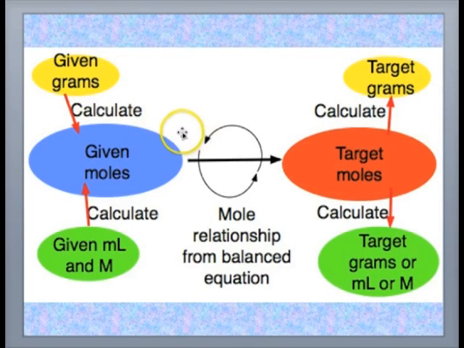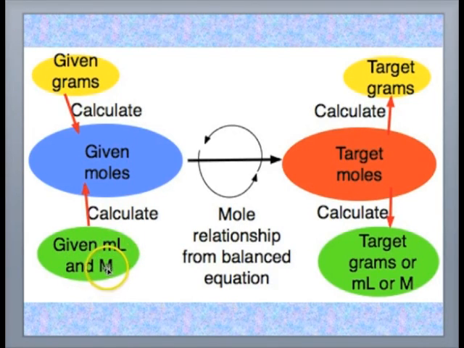Now, stoichiometry problems, we've already seen how if we're given grams, we convert to moles, then we use the mole relationship in the balanced equation to take us to our target moles, and then back to grams. But this concept of molarity gives us yet another way to calculate moles.